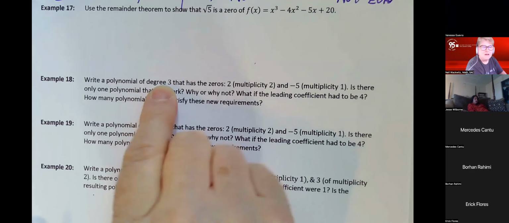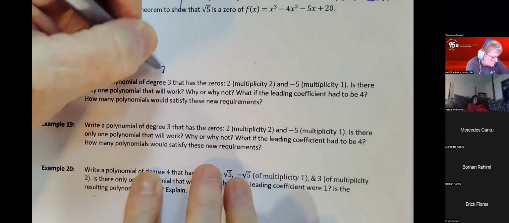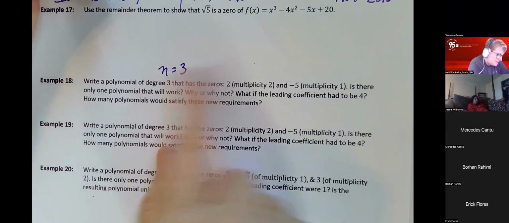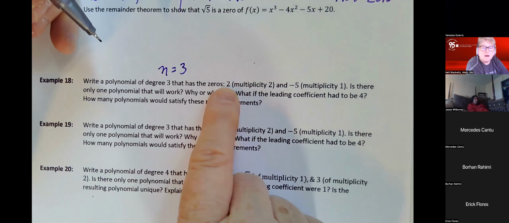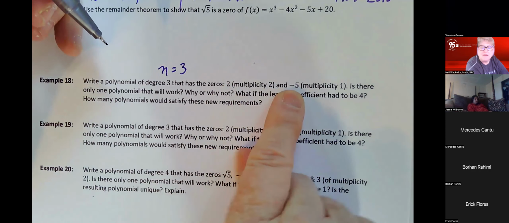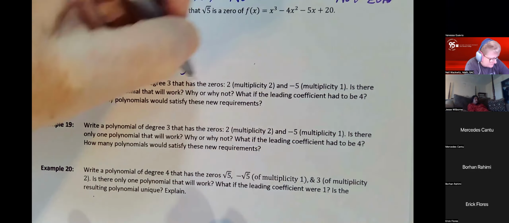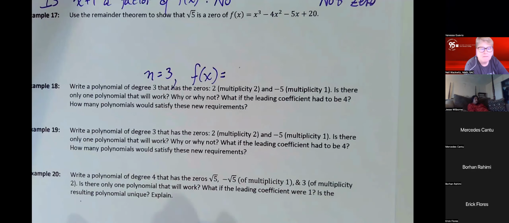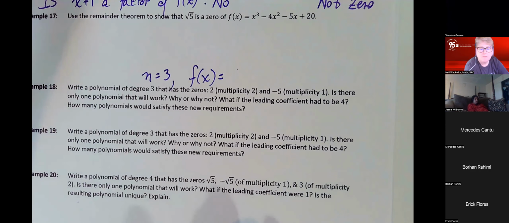So if I have a degree 3 polynomial, that means that n equals 3. And f of x has a 0 of 2 with a multiplicity of 2 and negative 5 with a multiplicity of 1. I want to write a formula for f of x in factored form.